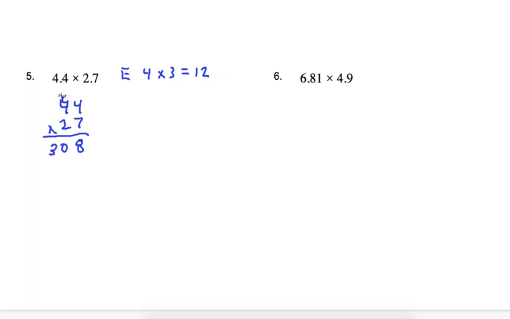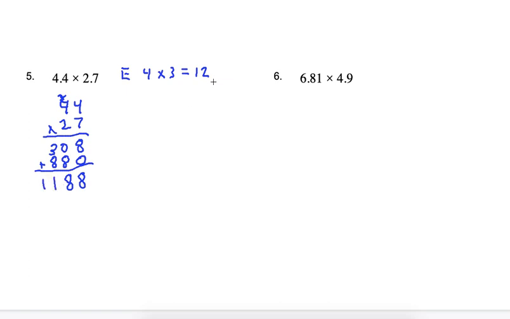Now we need to put a placeholder in here, put our 0 in there, because we're multiplying by 20, not by 2. 2 times 4 is 8, and 2 times 4 is 8 again. Then we need to add those together. We end up with 8, 8, and then 3 plus 8 is 11.